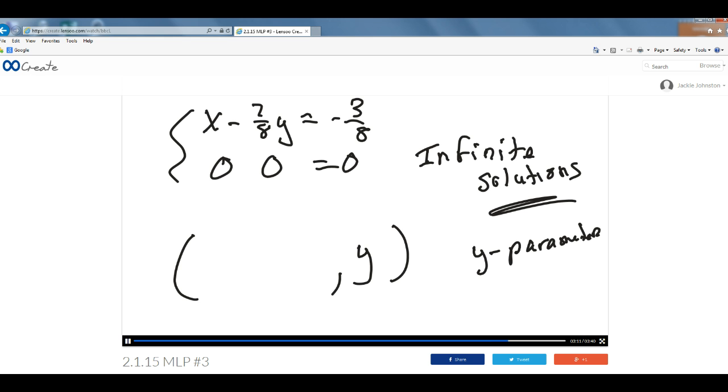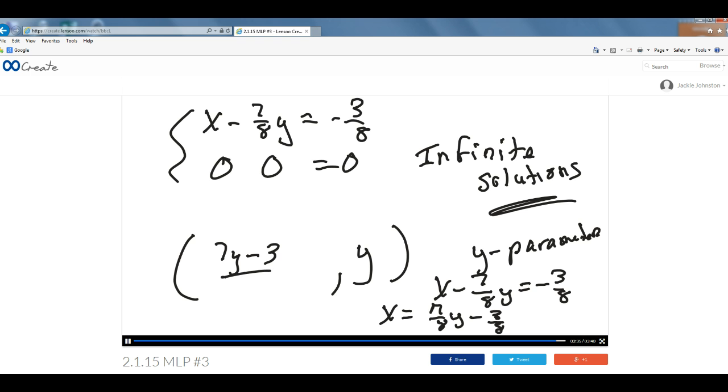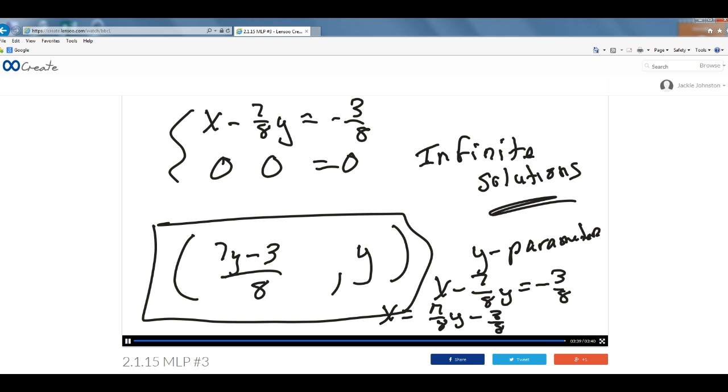Then I need to solve x minus 7 over 8y equals negative 3/8 for x. So I'll add that 7/8y to both sides, and I'll end up with x equals 7/8y minus 3 over 8, or 7y minus 3 over 8. That would be my answer for this particular question.